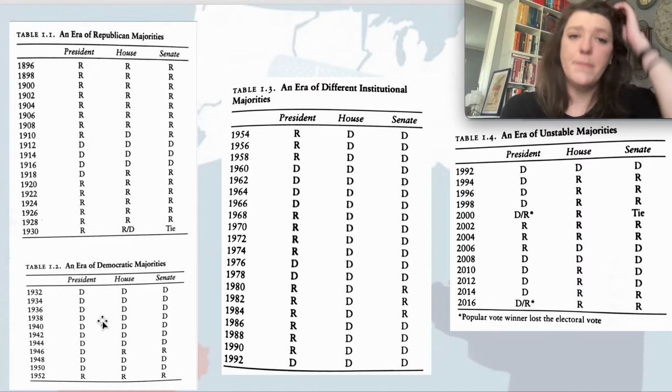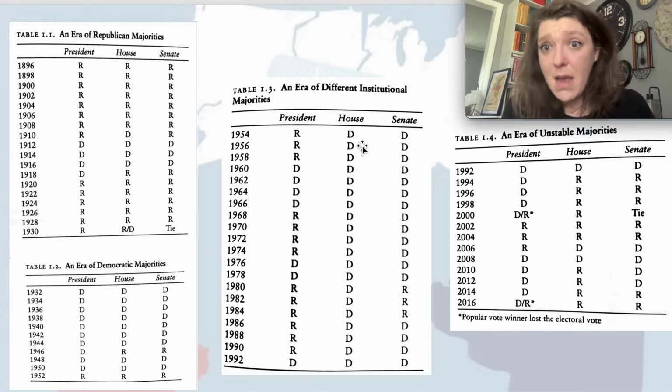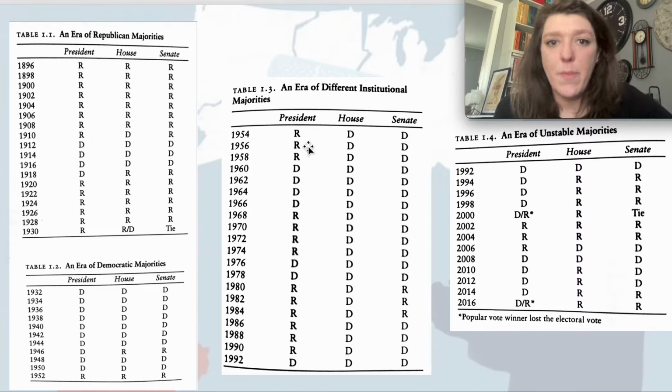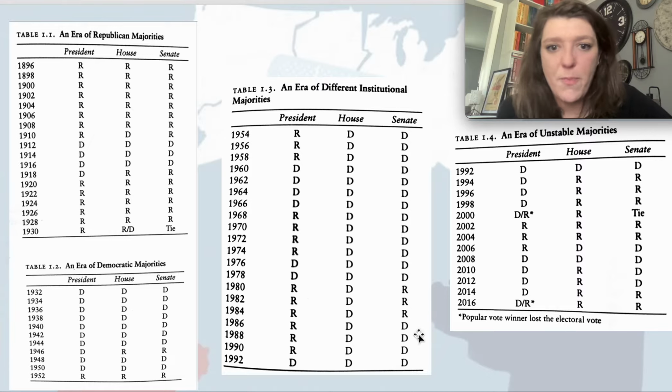Then in the middle is the era where we have something called different institutional majorities. So there's still some consistency, but we're getting a bit of a breakdown of the pure Democratic dominance or the pure Republican dominance. So in 1954, you can see a Republican president, but a Democratic House and Senate, and then Democratic dominance kind of flip-flops back and forth.